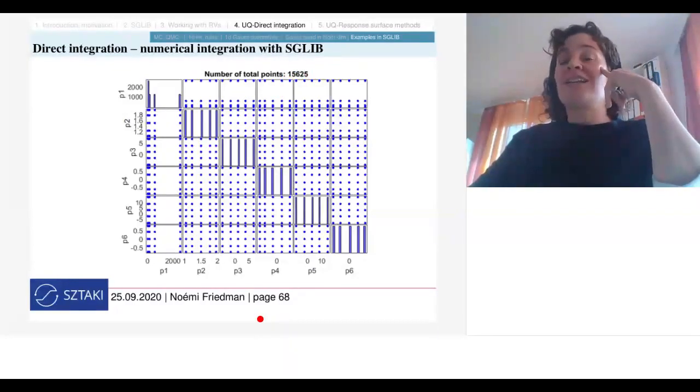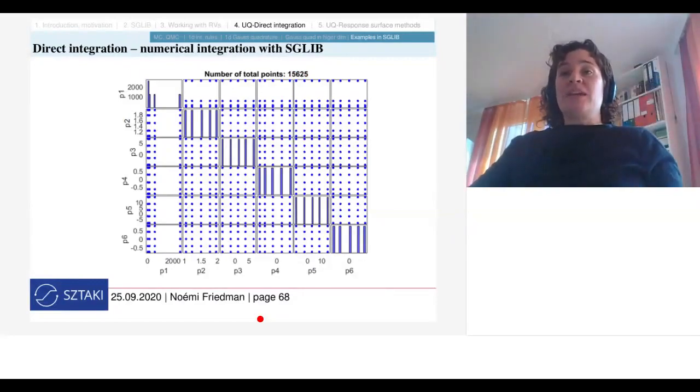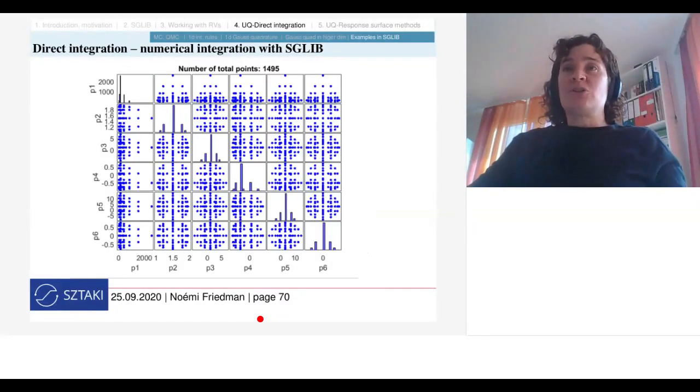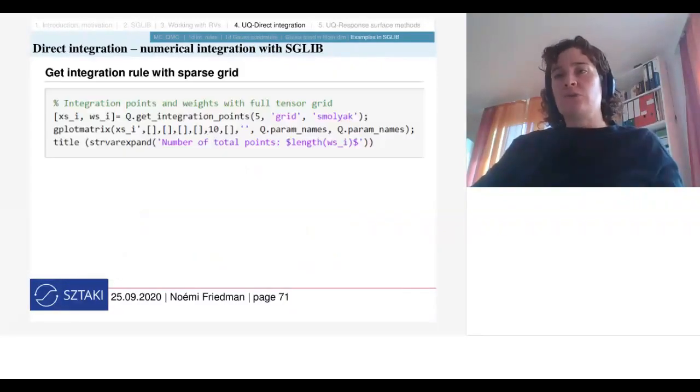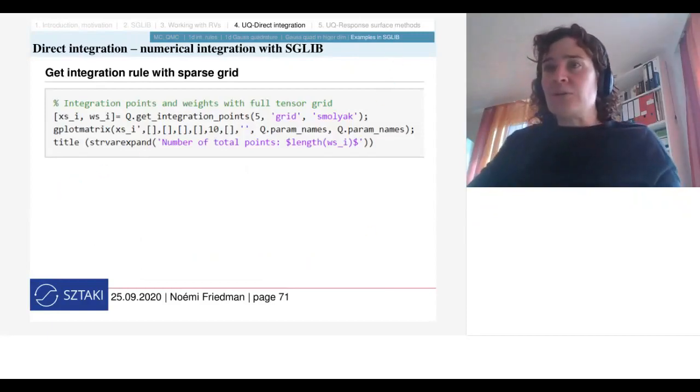So you can see that it's not a stable integration rule, but when you have a very smooth function, it may be worth it to try the sparse integration rule because you can significantly reduce the number of the points where you have to evaluate your solution. Okay, let me check the time. Okay, good.